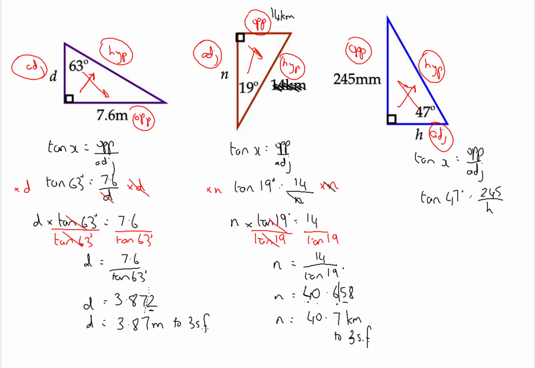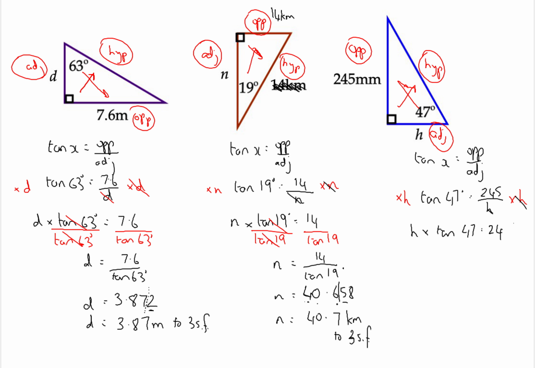Okay, multiply by h on both sides because they cancel out, and that leaves us with h times the tan of 47.